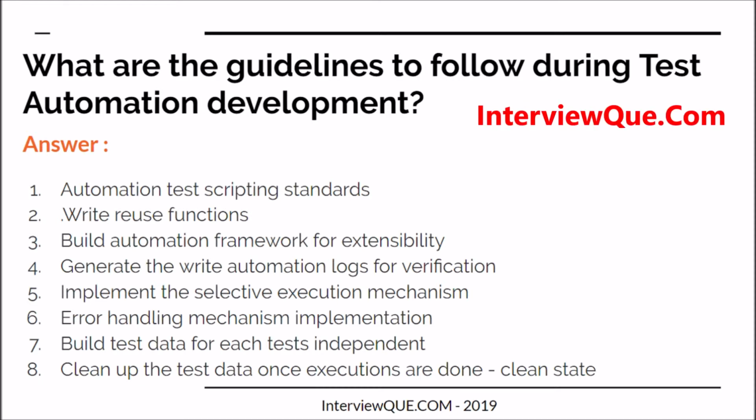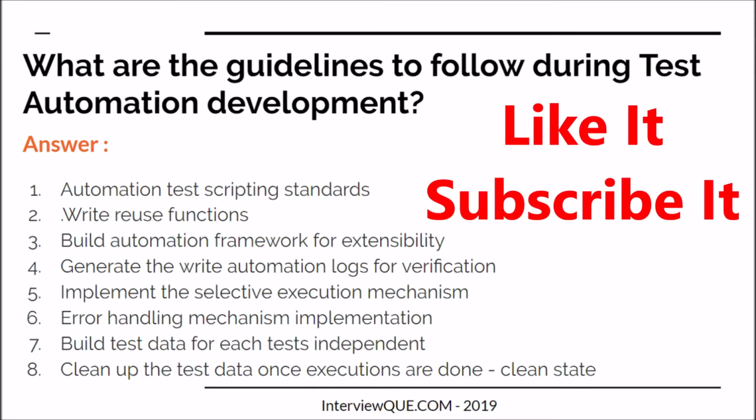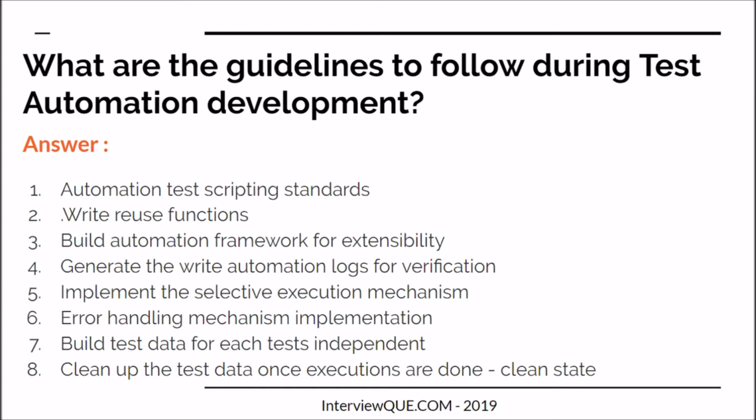Let's say you may have thousands of test cases automated, but if you want to execute only a particular module, or particular critical test cases, or only sanity test cases, then your automation framework should have a mechanism of selective execution that would speed up the execution when it is really required by the stakeholders.